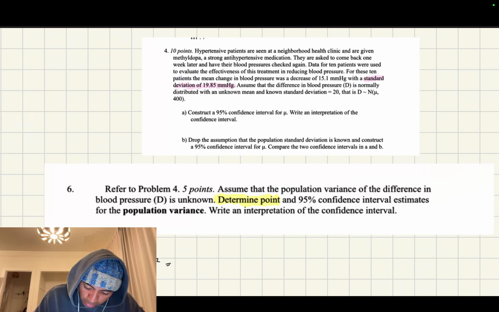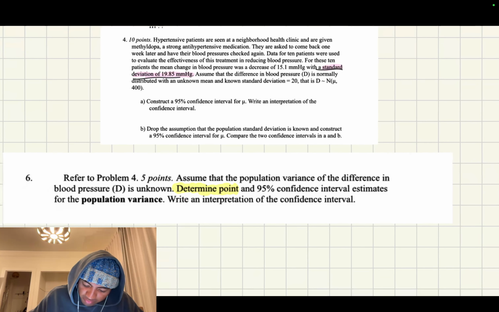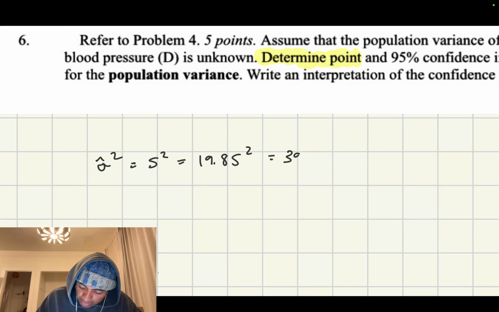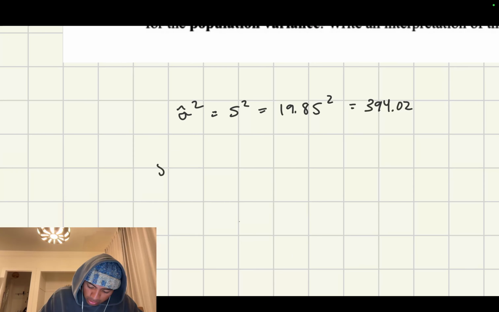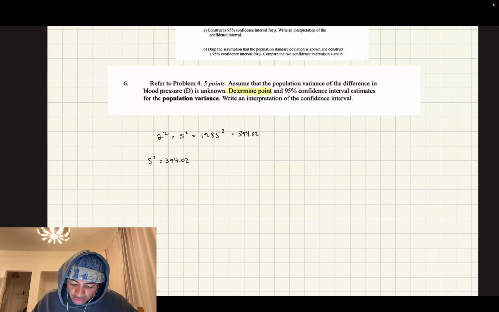Here we have a sample standard deviation of 19.85 squared, which comes out to 394.02. We're going to need this later, so let's put that in our back pocket. We've got the first part of the problem down.